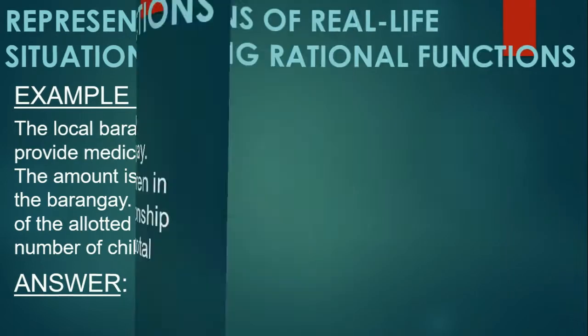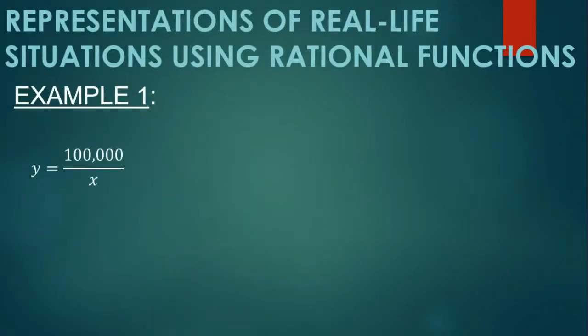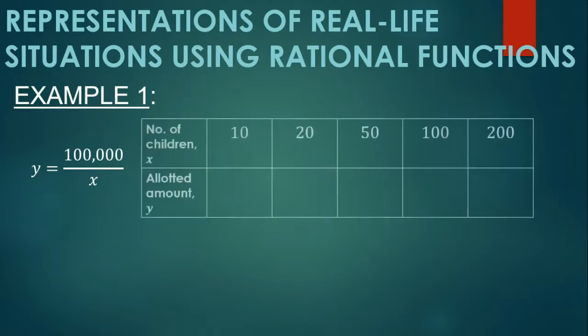Okay? So, using this one, y is equal to 100,000 all over x, let's try to create table of values para malaman natin kung magkano ba yung makukuha depende sa bilang ng bata. So if there are 10 children, ang makukuha ng bawat isa doon sa 10 na bata ay 10,000.